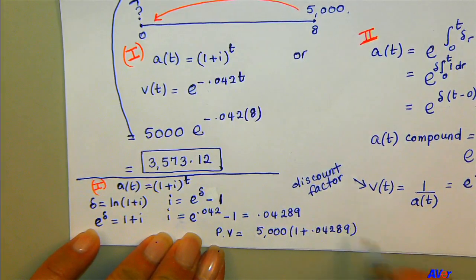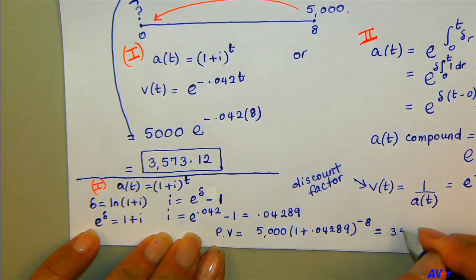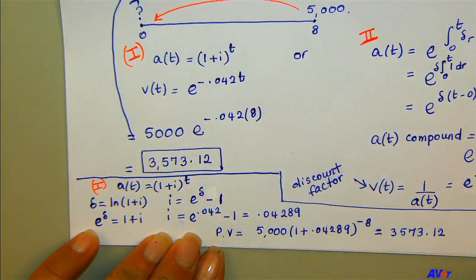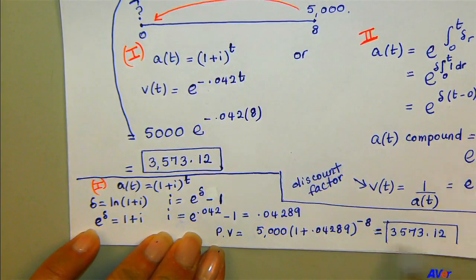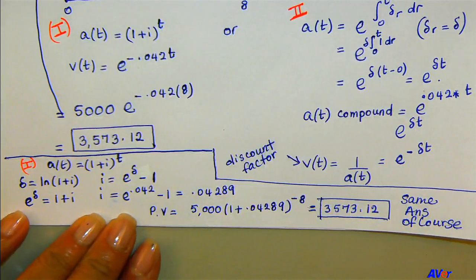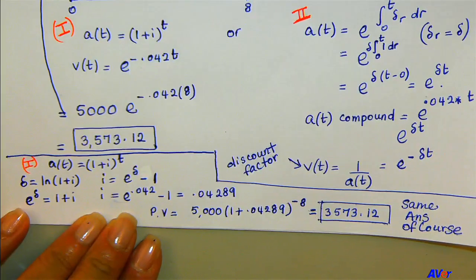That's your 1 plus I raised to the minus 8 power. Does that make sense? And you better get the same answer, right? 3573.12. So that is the other method you could have used. Same answer, of course. Any questions regarding this?